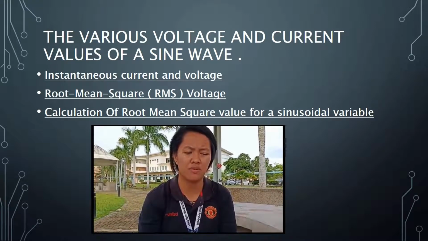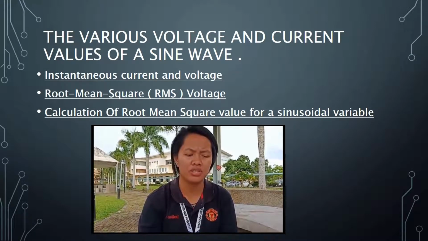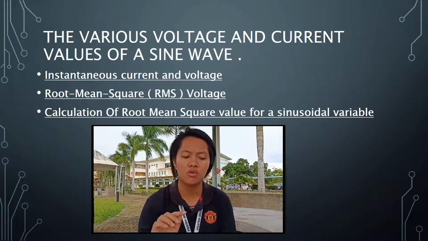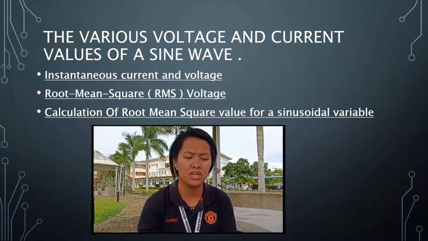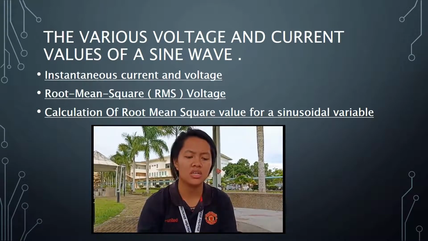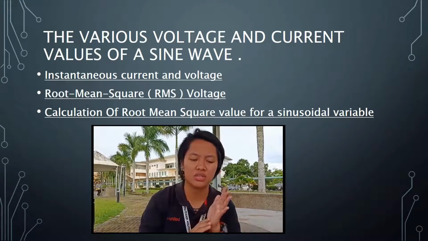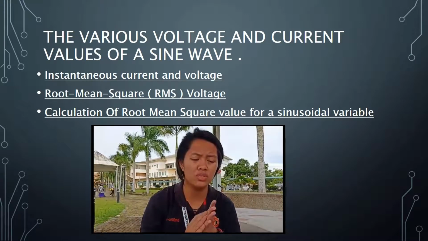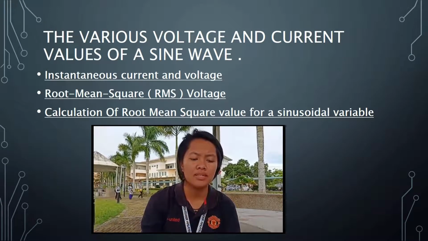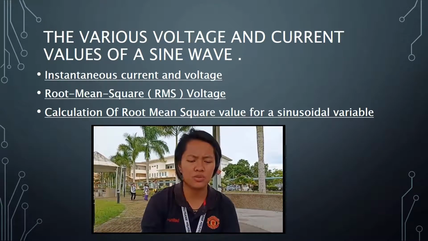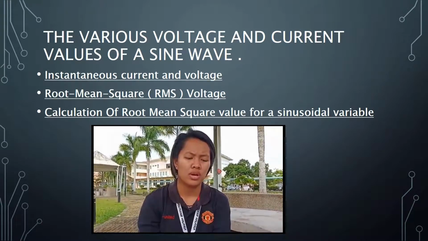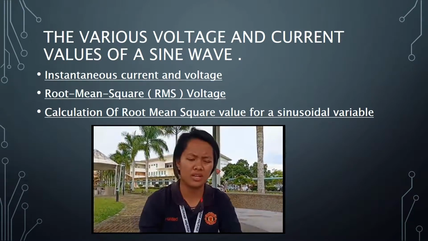V RMS is equal to 0.707 volt for a 1 volt peak. AC levels are assumed to be expressed as RMS values unless clearly specified otherwise. The calculation of the root mean square value for a sinusoidal variable is shown at the next slide.